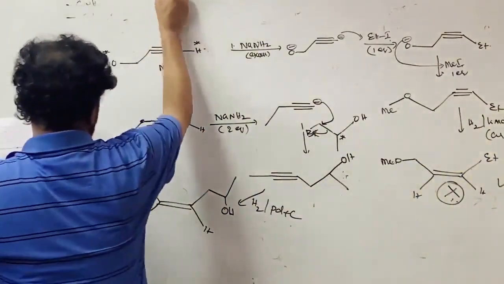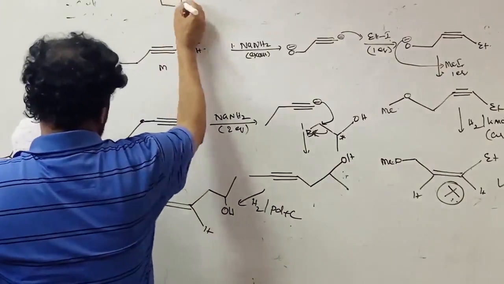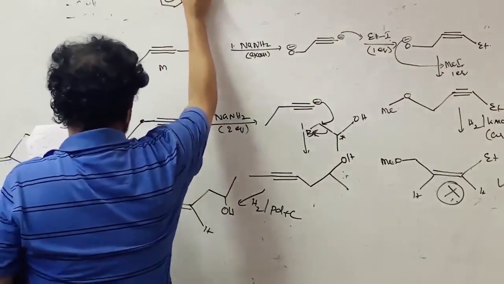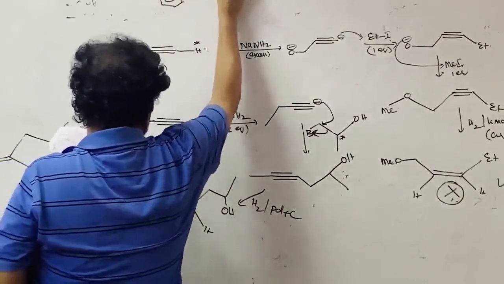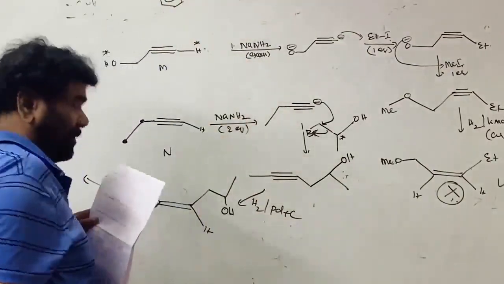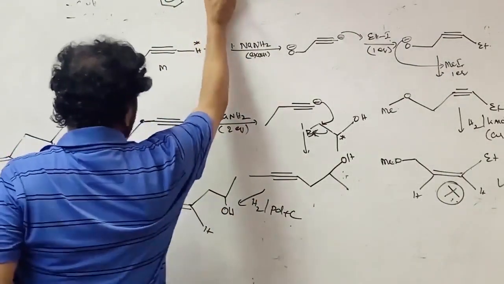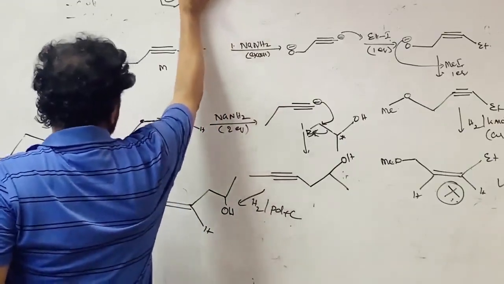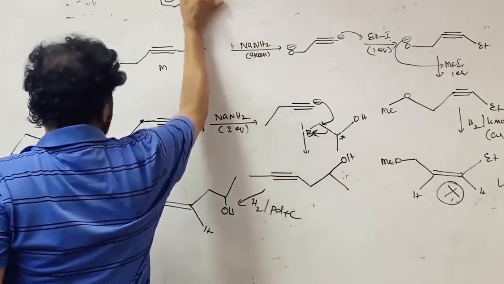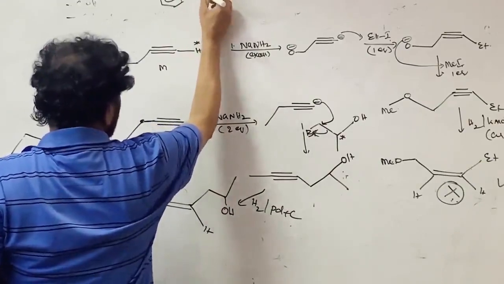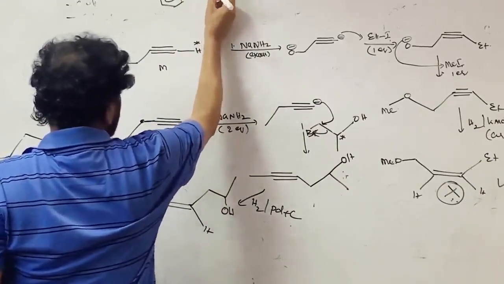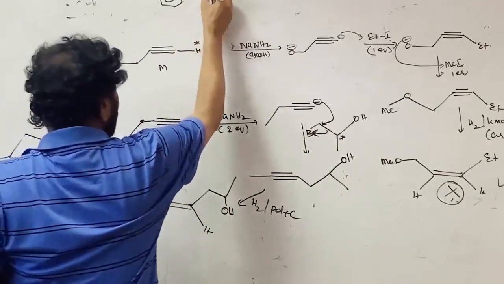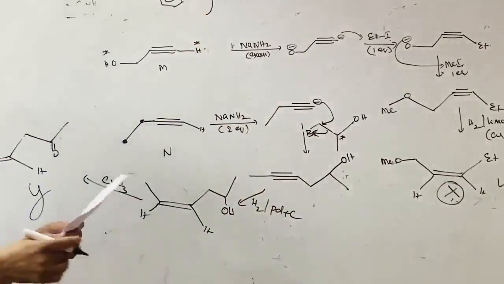For SN2 reaction, this is faster. Why is it faster? Here, this is the polar bond. Here the amount of positive charge is more. Therefore, nucleophilic attack is easy.